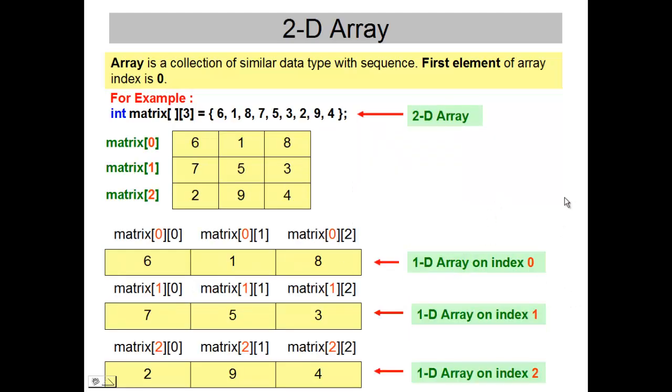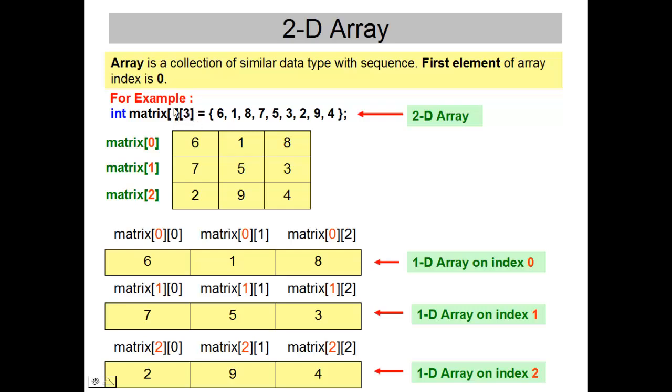Now next another example, same thing for an integer array. Here I have created an integer array whose name is matrix, and the max value is 3.